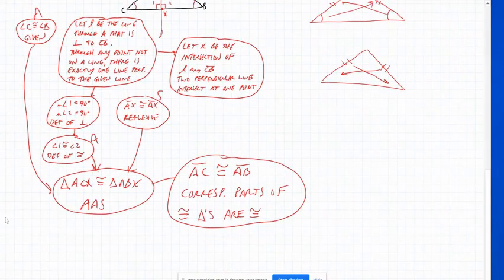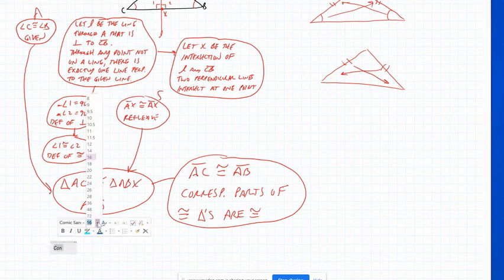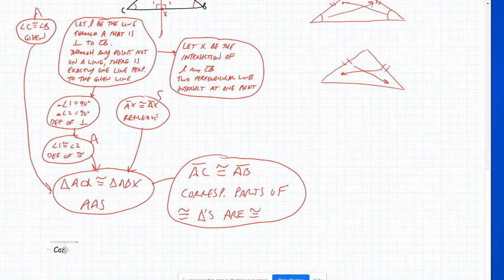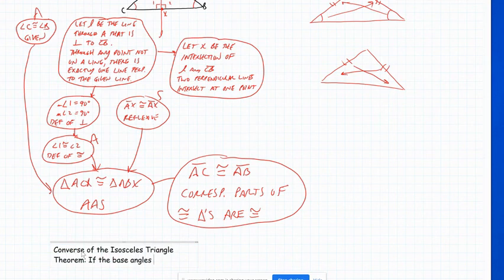So the converse of the Isosceles triangle theorem would say if the base angles of a triangle are congruent, then the triangle is isosceles.